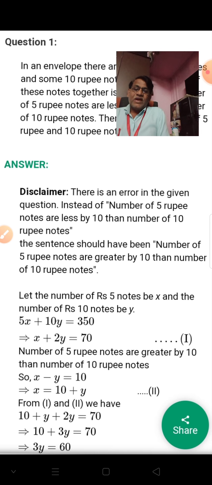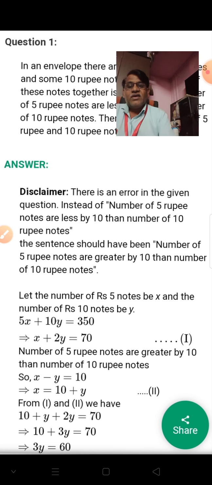So substitute this value, and you get 10 plus y plus 2y is equal to 70. So 10 plus 3y is equal to 70. Therefore 3y is equal to 70 minus 10. So 3y is equal to 60.